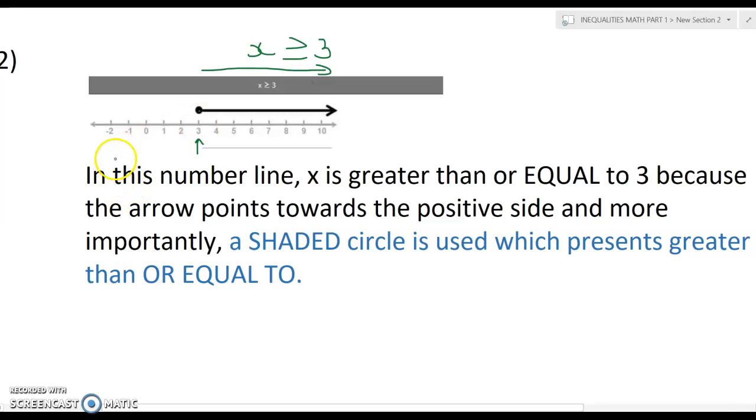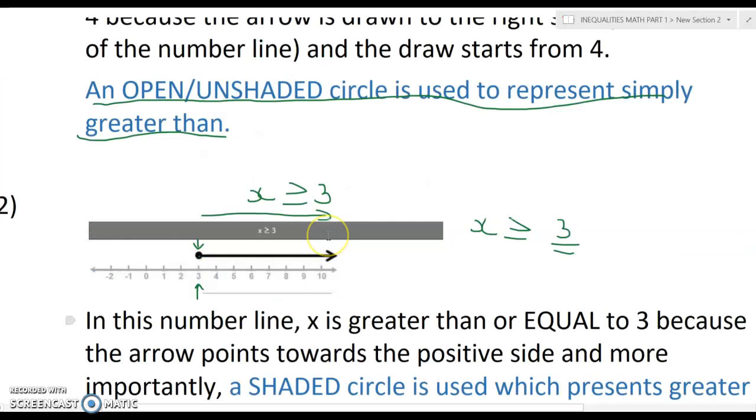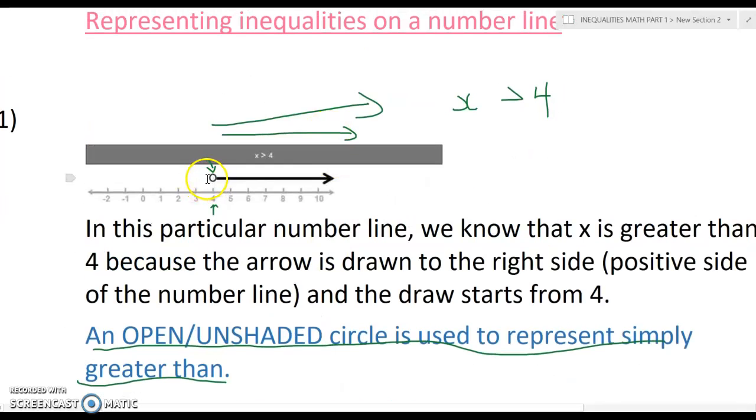Because we have a shaded or solid circle, it is greater than or equal to. So x is greater than or equal to 3. Why 3? Because we start at 3. A shaded or solid circle represents that "or equal to" part.